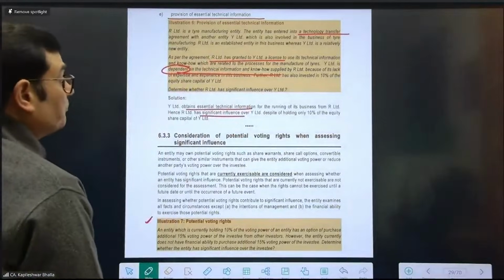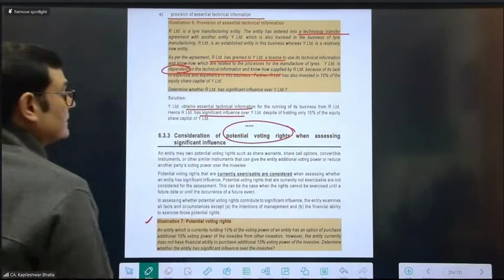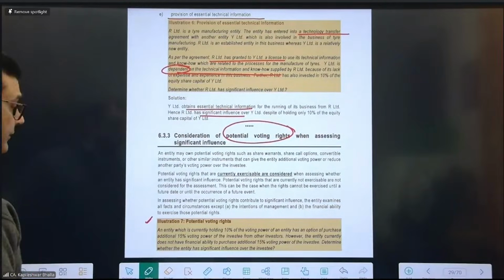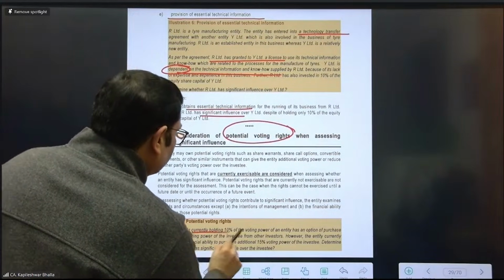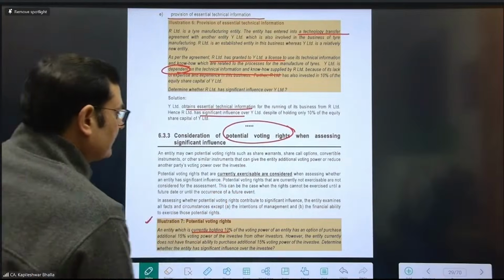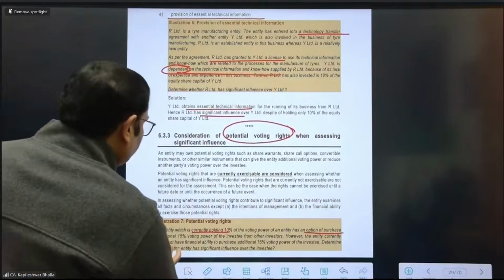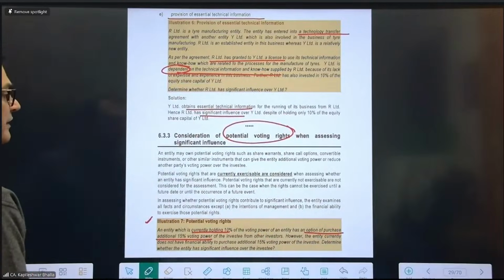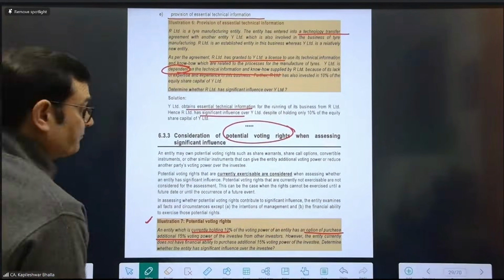We're talking of the potential voting rights, whether they will influence the significant influence assessment or not. It says an entity which is currently holding 10% voting power has the option to purchase an additional 15% voting power of the investee. So that would make it 10 plus 15, 25.